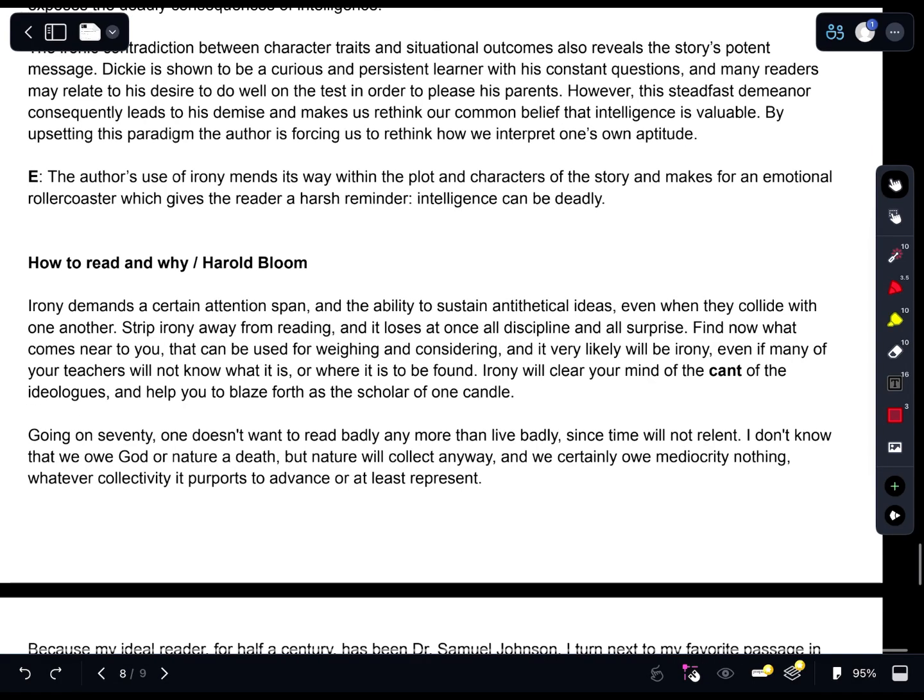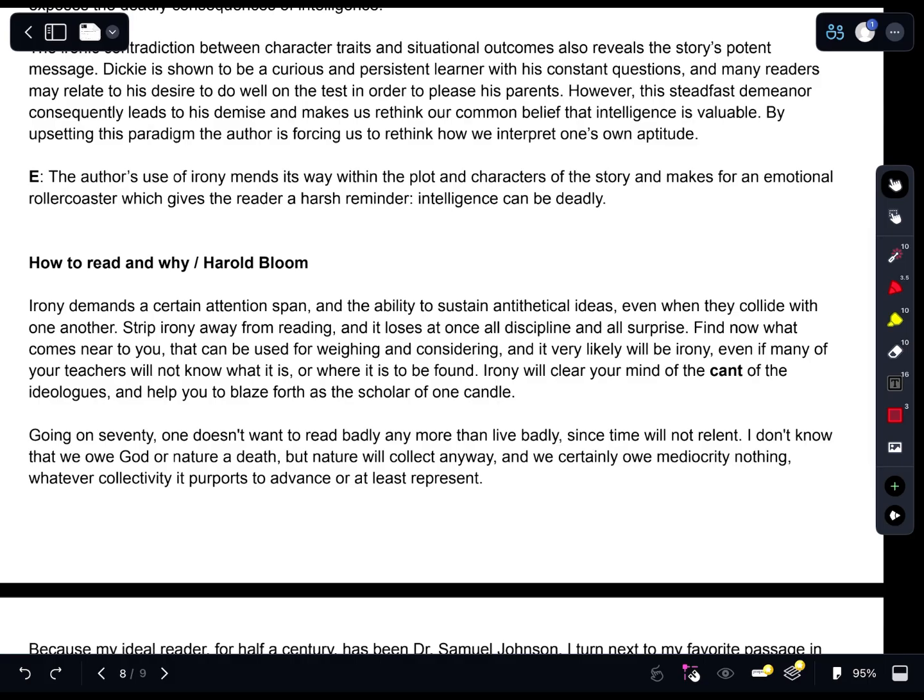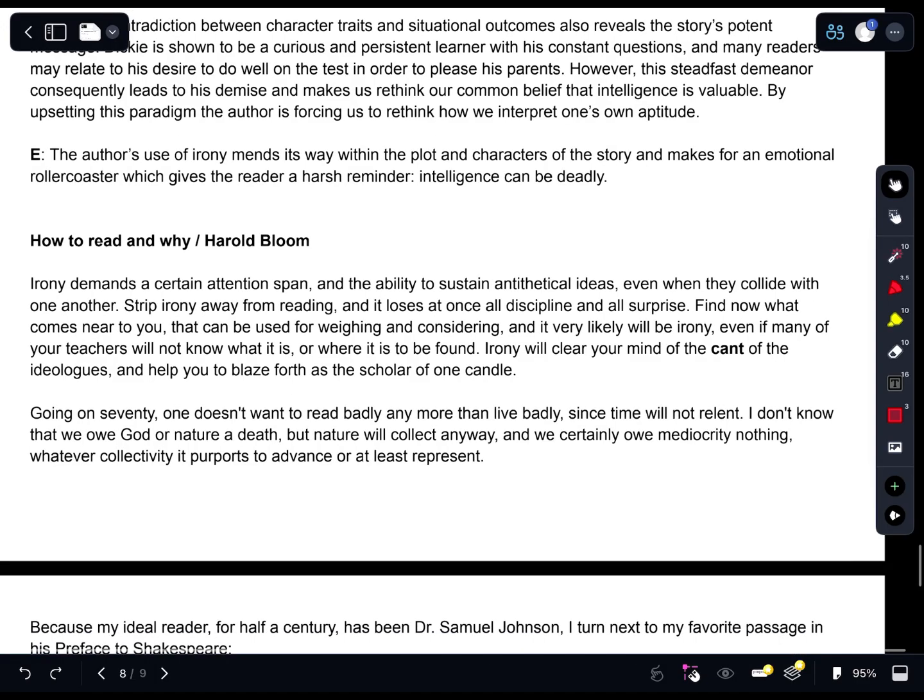So I then was doing some research, getting some materials, and I saw this excerpt from the book How to Read and Why by Harold Bloom, who's a great writer and professor and scholar, who wrote a lot about Shakespeare and literature. It was on irony, so I think it's really good, and I include this in the worksheet that I do with students.